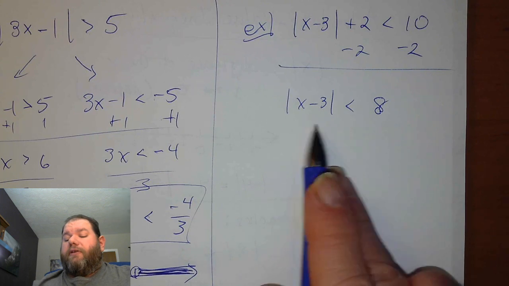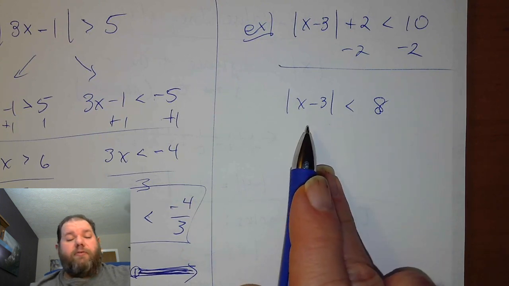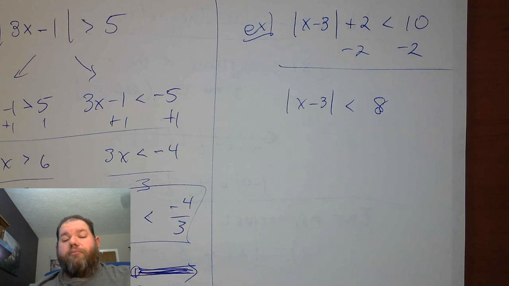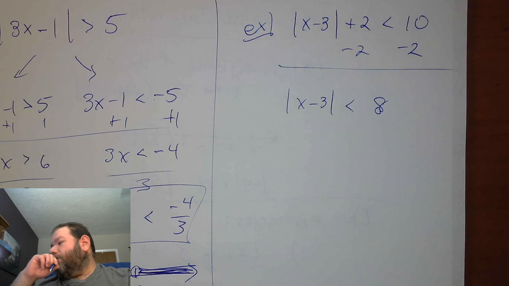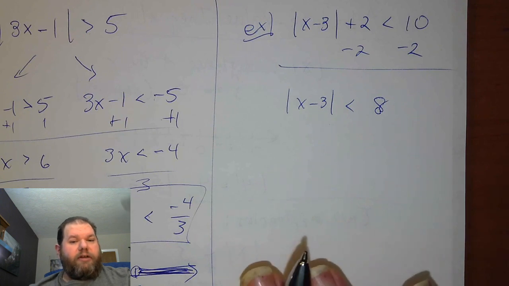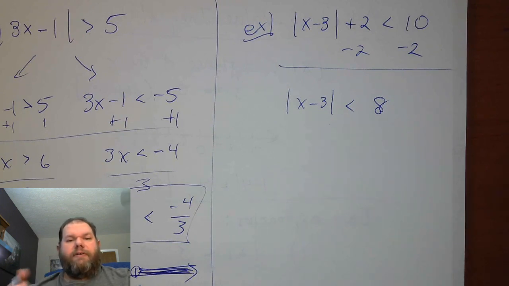Once we get to this point, again, we can't just add the 3 because of the absolute value, but we can break it out of the absolute value at this stage in the problem. We can only subtract because they're on opposite sides of the sign. In this case, we have an inequality rather than an equal sign, but the same processes hold true.